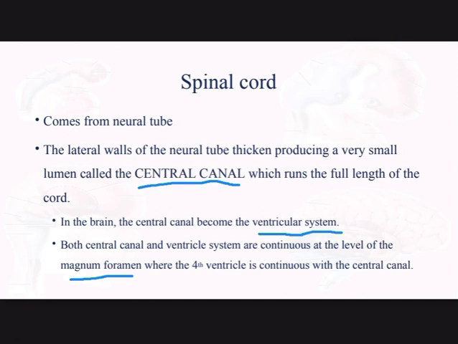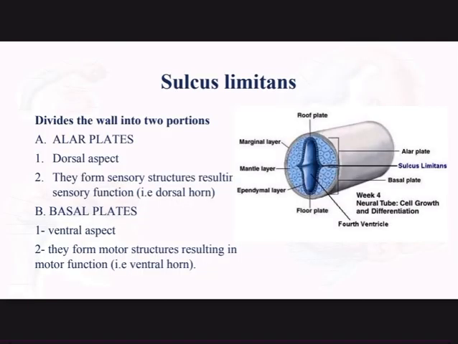This is the location of the fourth ventricle of the brain and the central canal. So in the brain, the central canal becomes a ventricle system. In the spinal cord, it is still the central canal. Okay, clear? Should be easy.